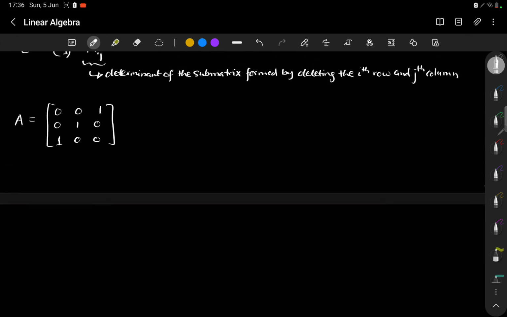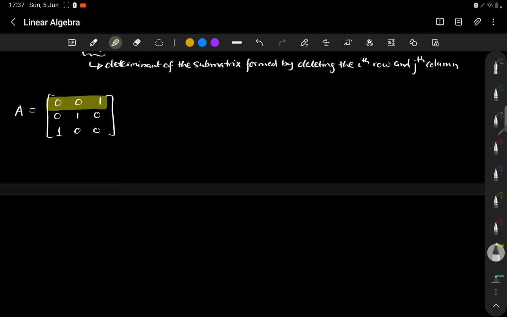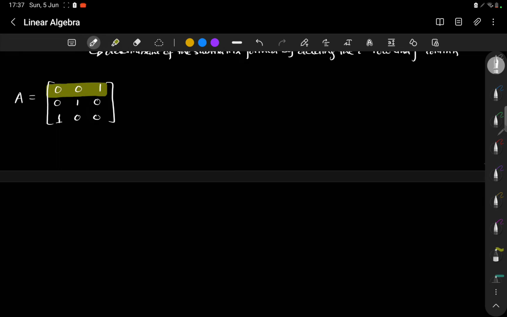So the determinant of this matrix would be given as follows. So we will focus on the top row. Then we will take each element of the top row and multiply it with the determinant of the submatrix obtained by deleting that row and column. So let me show it over here.